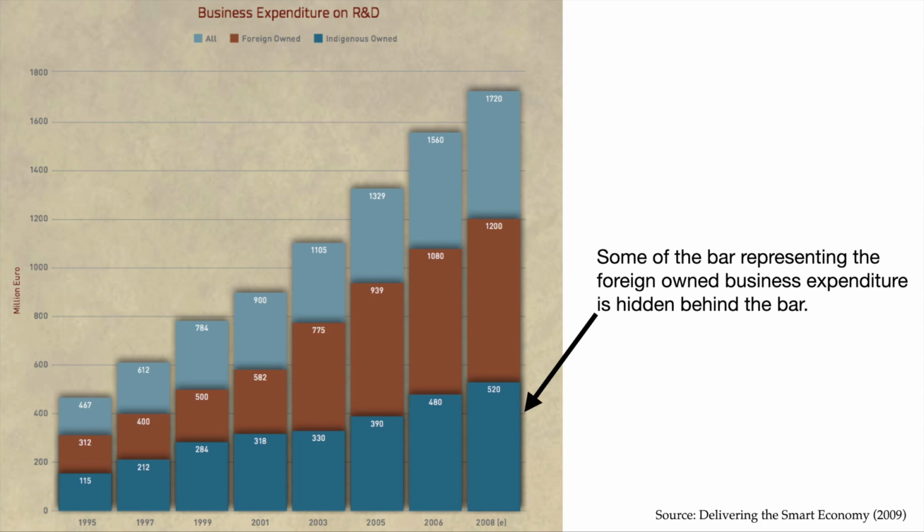Okay, so some of the data then, some of the bar for the foreign-owned expenditure is actually hidden behind the Indigenous-owned expenditure. So some of the brown bar there is actually hiding behind the dark blue bar. We just can't see it.